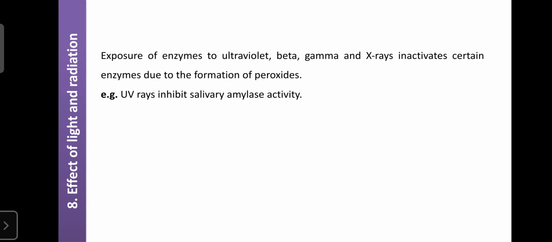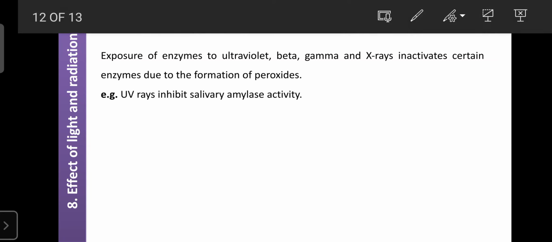Next one is the effect of light and radiations. When we are exposed to ultraviolet, beta, gamma, and X-rays, we suffer from various kinds of skin disorders or failure of organs, because the protective enzymes become inactive when exposed to ultraviolet, beta, gamma and X-rays.